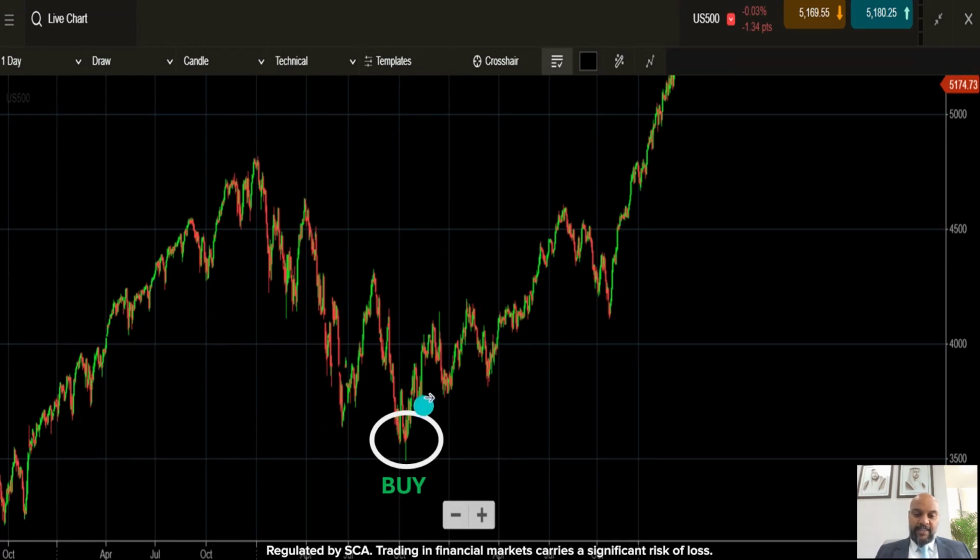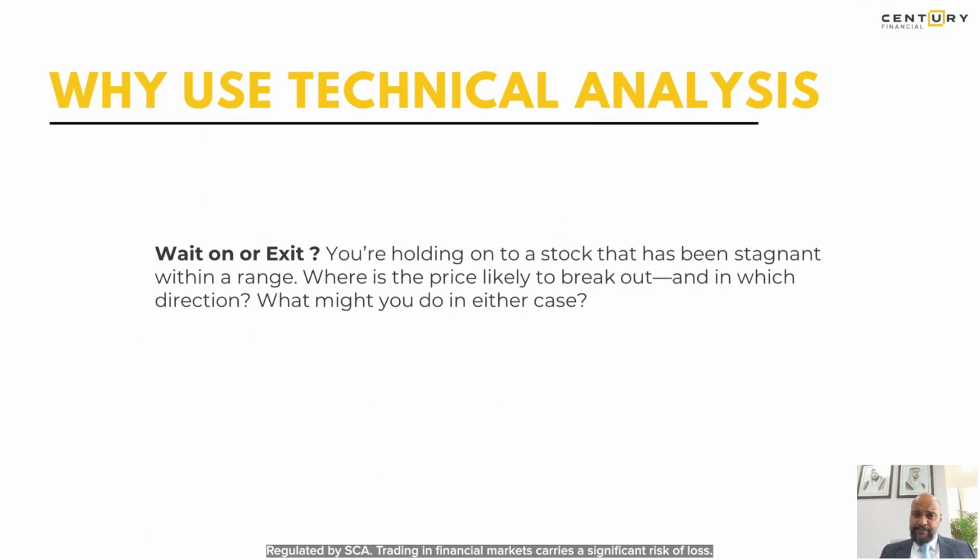Now, yes, probably in this case we would have bought at a very low price, but at what levels do we exit? This is where technical analysis will help us again to understand what price is the best price to exit, or how long we can expect the prices to continue moving upside before they give a retracement.